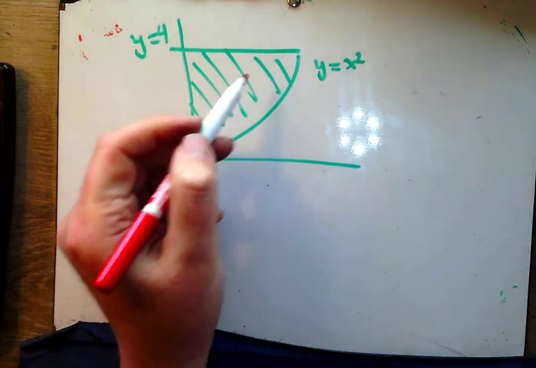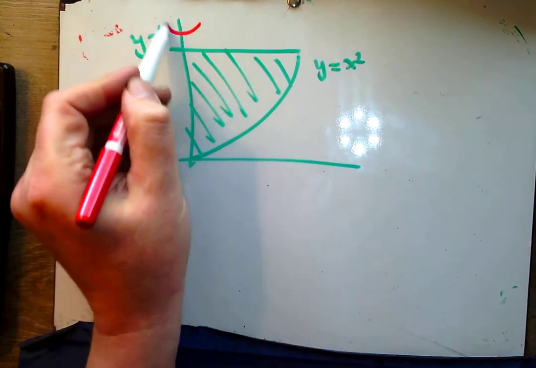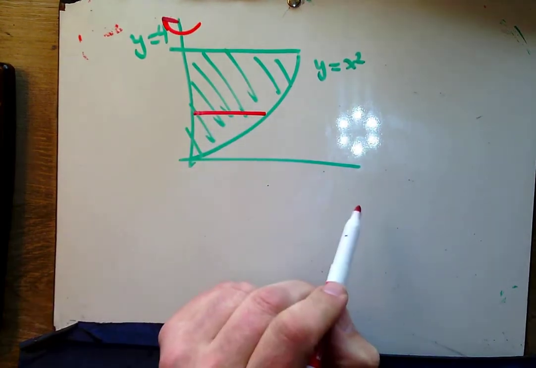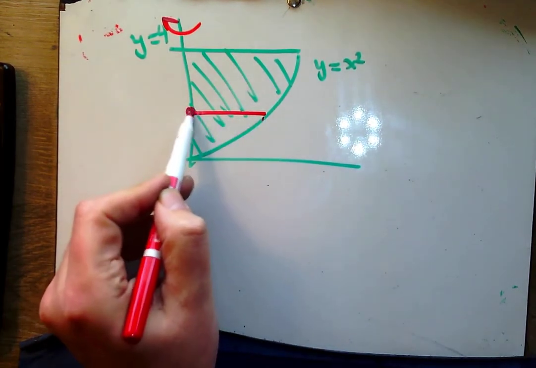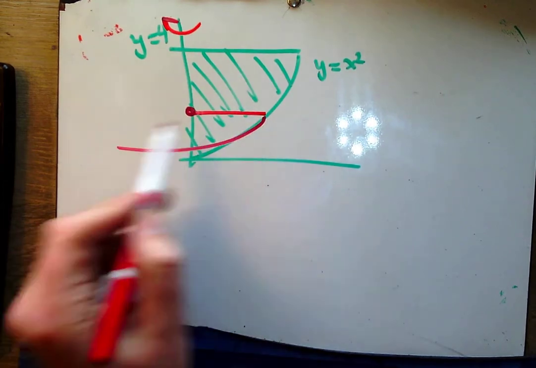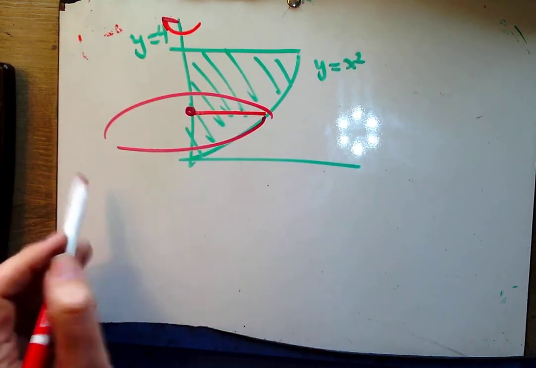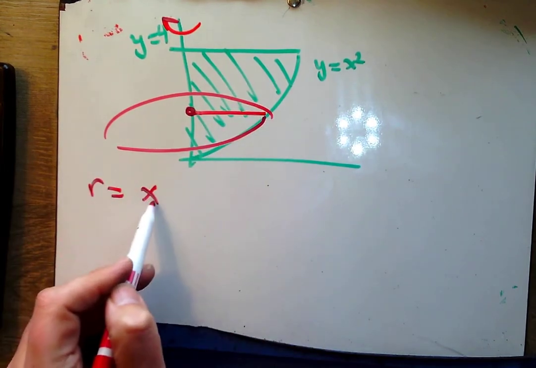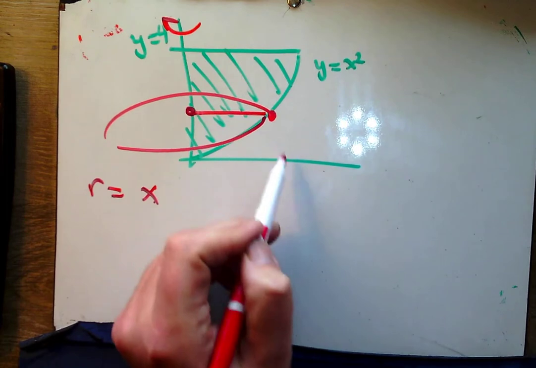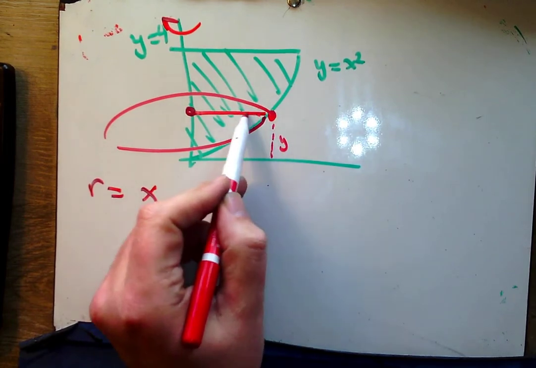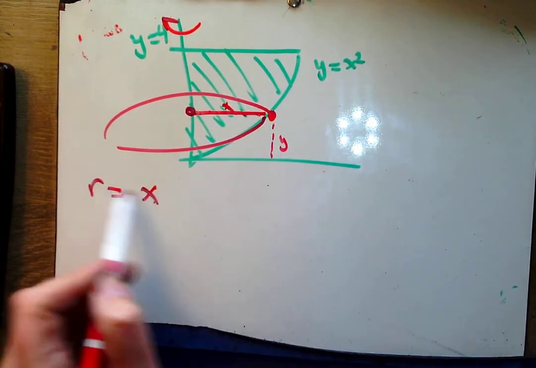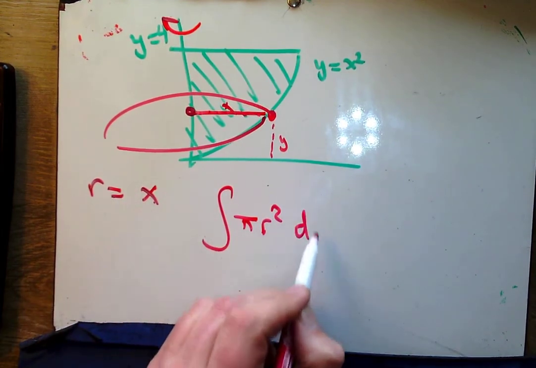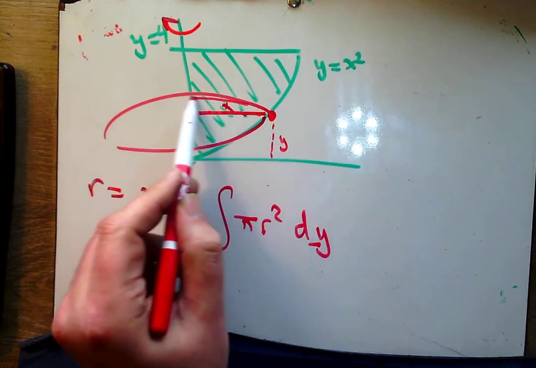If I want to rotate around the y-axis, draw something perpendicular to the axis of rotation, and make that the center of the circle. Great. So radius is not my y, but my x value. At this ordered pair, this is y, this is x. So radius is x. We want to integrate pi r squared dy. This is a horizontal slice.